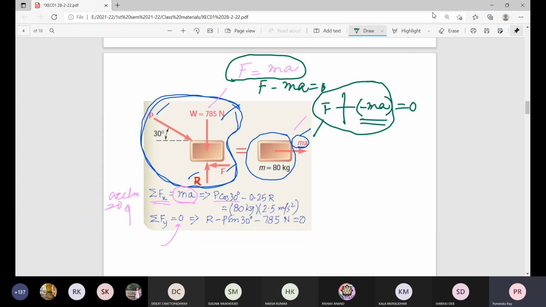Now there will be some rate of change of variation of acceleration also, da/dt. Now can you remember from your previous knowledge that rate of change of acceleration?